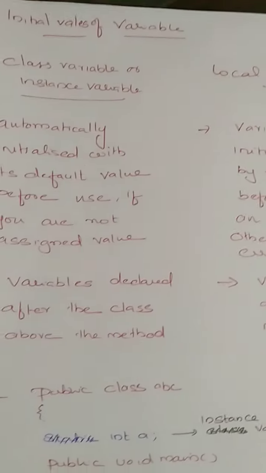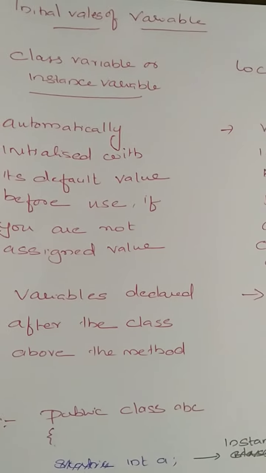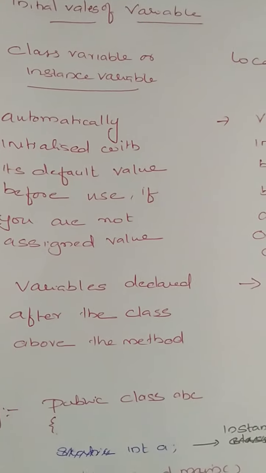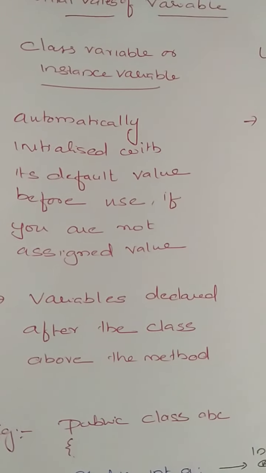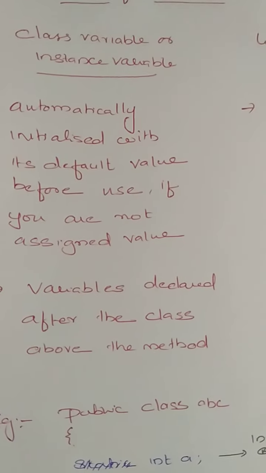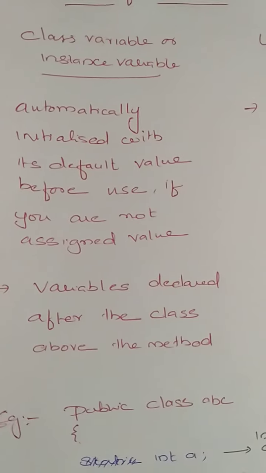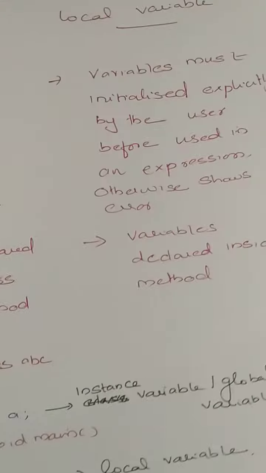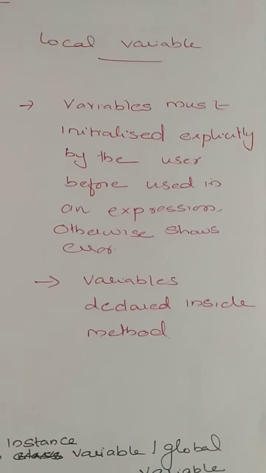So I will explain again. Class variables are variables which are declared after the class and above the method, and if we have not initialized any value to a class variable before using it in a calculation, the compiler will automatically initialize the class variable with a default value, whereas local variables are variables which are declared inside the methods.